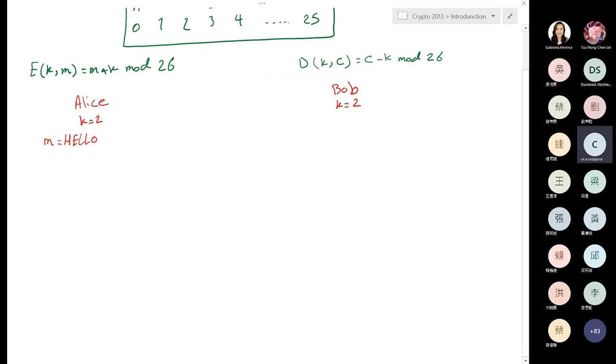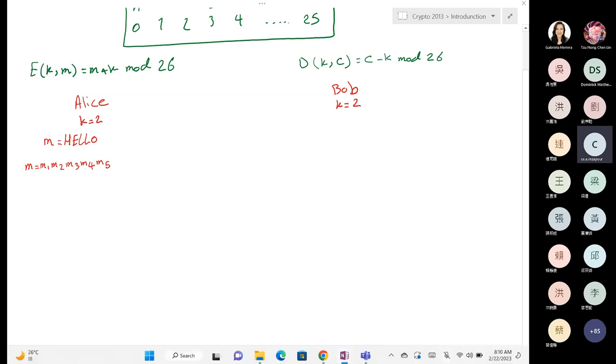According to the construction of this algorithm, we have to chop the message into letters. So M we chop into letters: M1 is H, M2 is E, M3 and M4 are both L, and M5 is O. Then she will compute C1 equals M1 plus key.